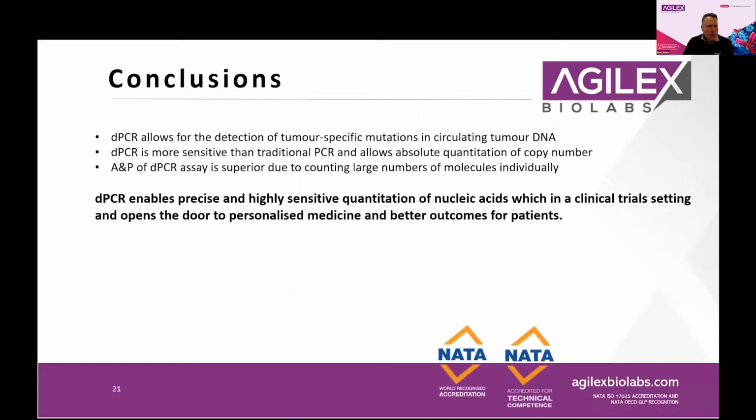So I hope that this webinar has given just a brief snapshot of how we can apply the digital methodology to something such as ctDNA in a clinical trial setting. We could measure pharmacokinetics, and we can measure pharmacodynamics associated with target genes, and these could either be mRNA or DNA.